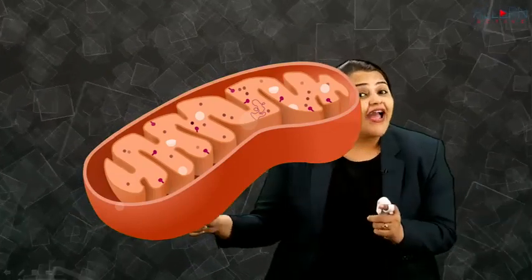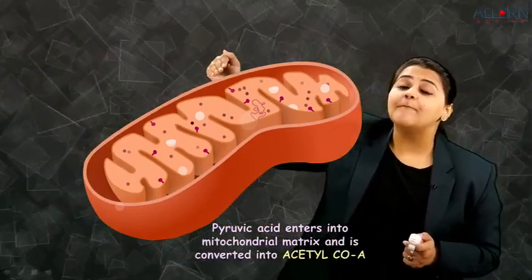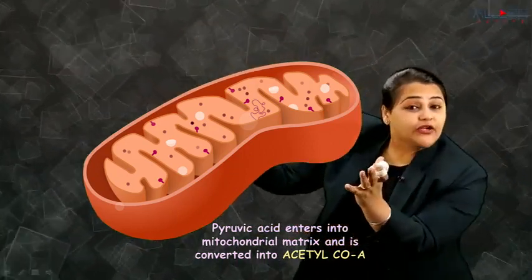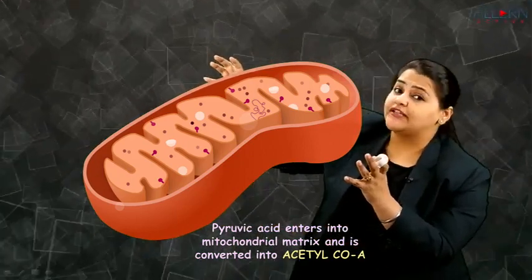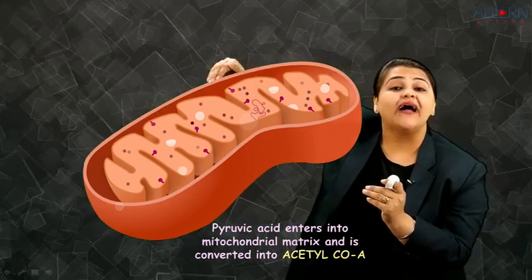Now this pyruvic acid, which is formed, will enter into the mitochondrial matrix. So this is the mitochondria. Now this mitochondria has a liquid portion inside, and that liquid portion is called the mitochondrial matrix.